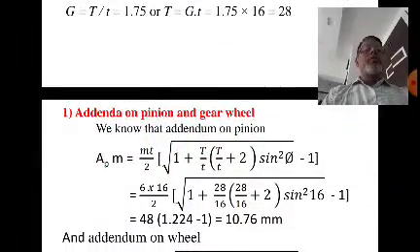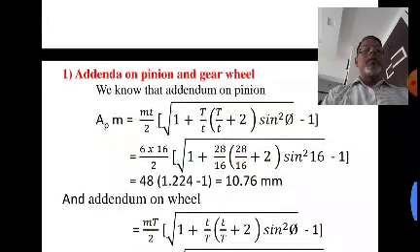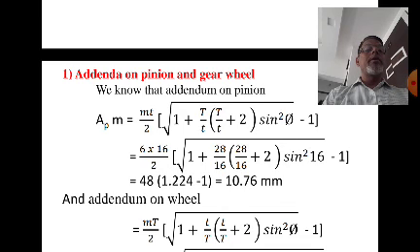Now first we'll try to calculate the addenda on the pinion and the gear wheel. You know the equation for calculating the addendum on the pinion: AP is equal to m into t divided by 2, in bracket, under root of 1 plus capital T divided by small t, inside the bracket capital T divided by small t plus 2, bracket complete, sine square phi, and outside the under root sign it is minus 1.